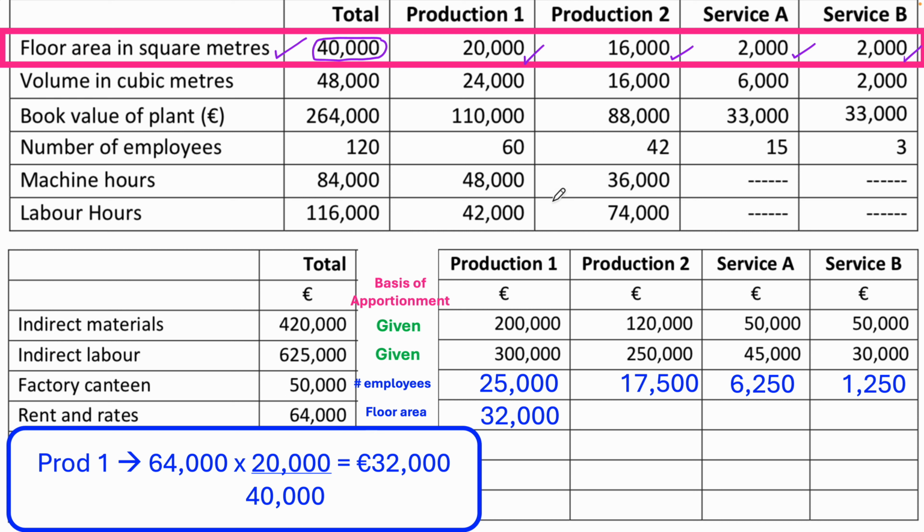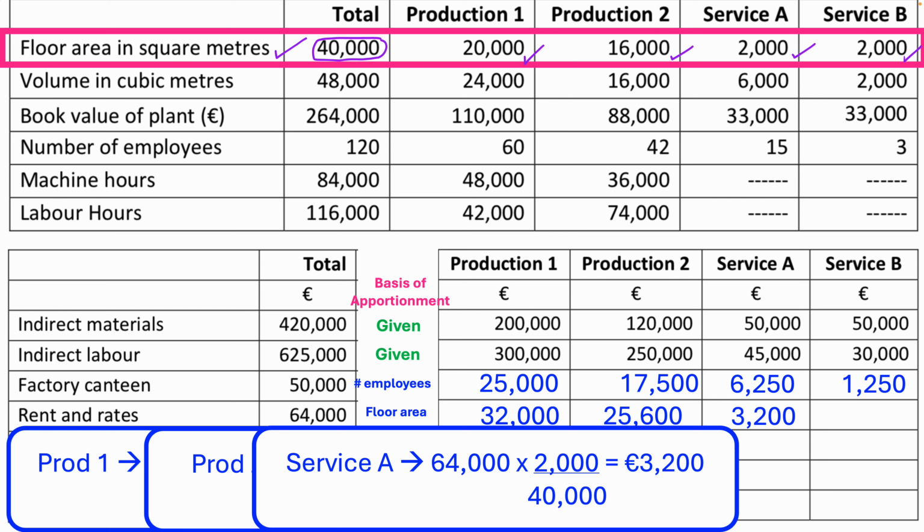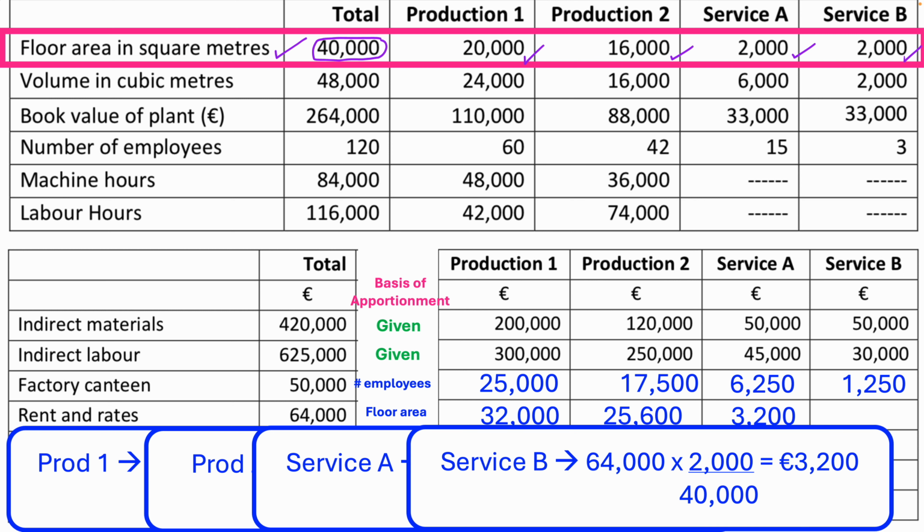And then into production 2, we've got 16,000, so 64 multiplied by 16,000 over 40,000 is 25,600. Then service A, 2,000 over 40,000 multiplied by 64, that's 3,200. And then the exact same for service B, 64 multiplied by 2,000 divided by 40,000 is 3,200. So that is the rent and rates done.